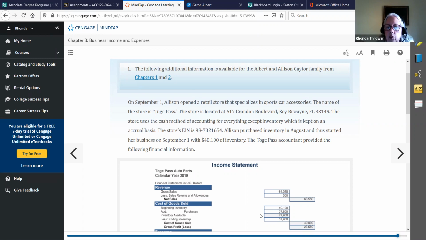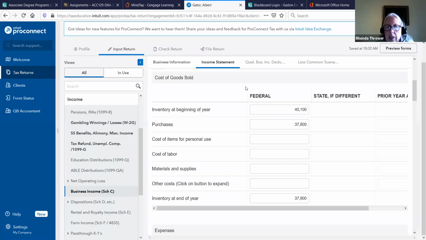To the beginning inventory, we're going to add some more purchases of inventory that we made in the amount of $37,800. So we're going to go back to ProConnect. I'm going to look for purchases, and we're doing a cost of goods sold section. The purchases is entered here.